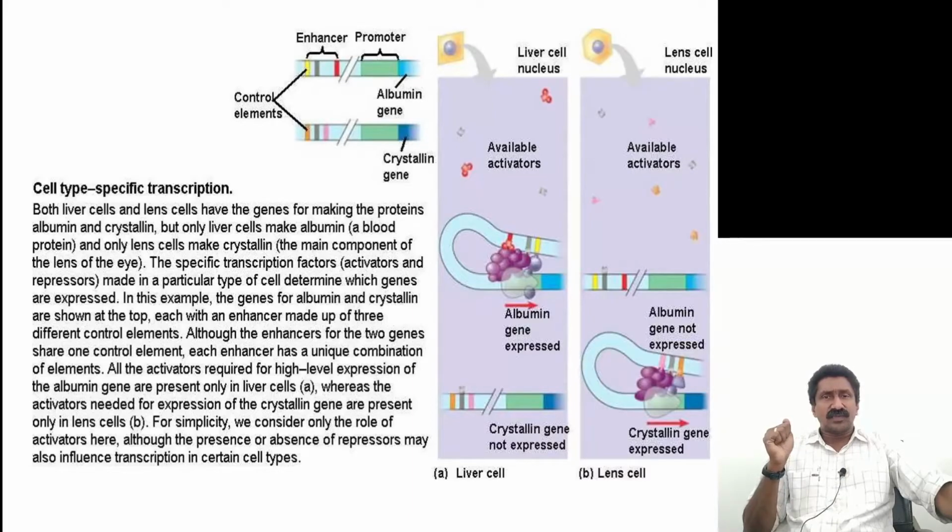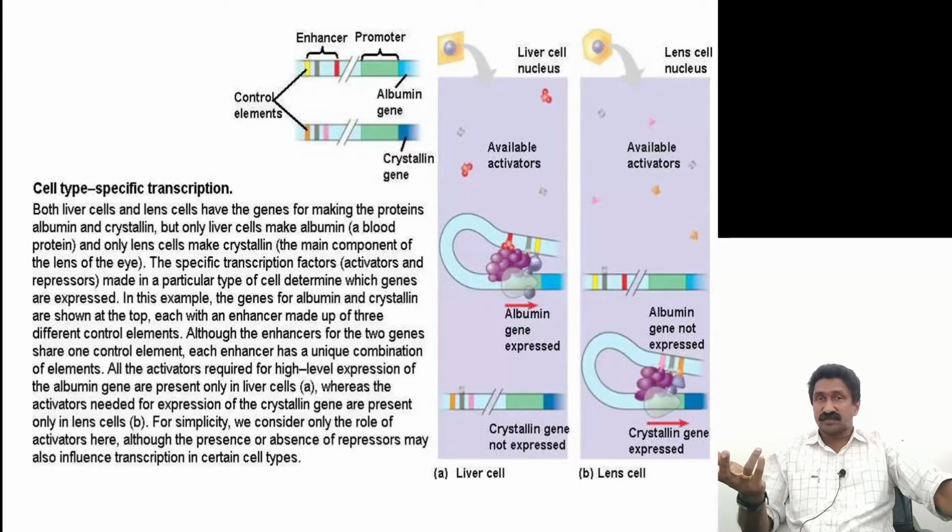Although the enhancers for the two genes share one control element, each enhancer has a unique combination of elements, and they will interact with a different set of activator, repressor or regulatory proteins, or transcription factors. So these different control elements will interact with different proteins, and the result is that the genes will be expressed differentially.